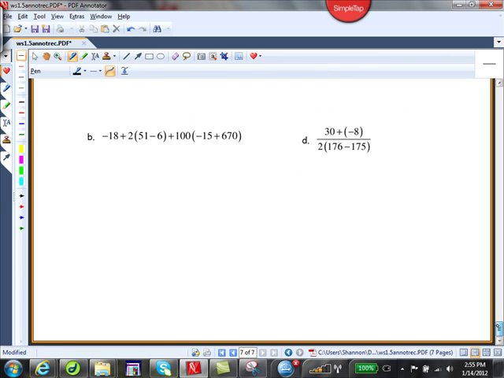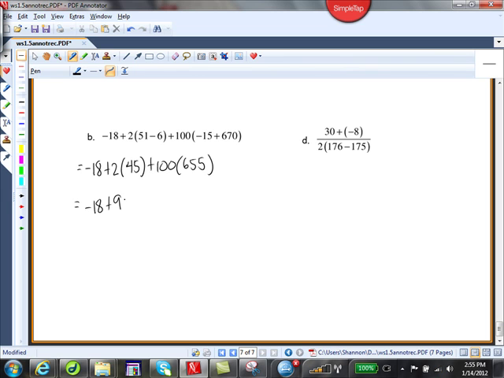Okay. Next up, we have negative 18 plus 2. Now we're going to have to complete what's in those parentheses first. So this is going to give us 45. And then plus 100. In these parentheses, we are going to get 655. Now we're going to need to multiply before we combine the first two terms.